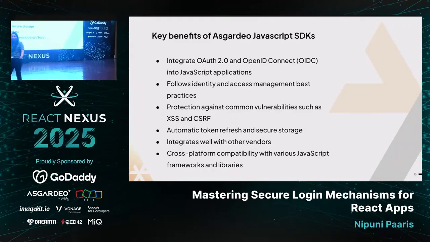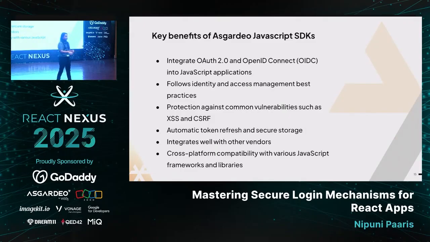There's no vendor lock-in. So if you choose to go with another identity provider out there, depending on your requirement, this SDK allows you to integrate with any of the IDPs out there. And of course, we support most of the frameworks out there. We have a core JavaScript SDK, and we have another set of SDKs that are framework specific.